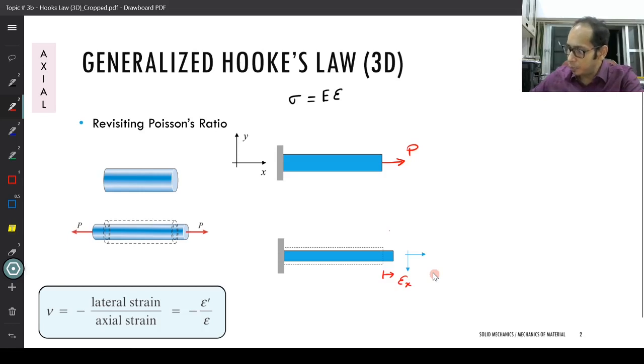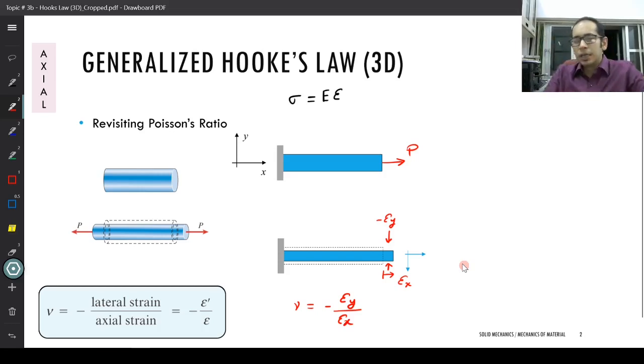I am also going to have a lateral strain, which is happening in the negative y direction, so this is going to be minus epsilon y. If I have to write the same Poisson's ratio in terms of strains about this particular coordinate axis, how do I write it? My nu becomes equal to negative of epsilon y divided by epsilon x.